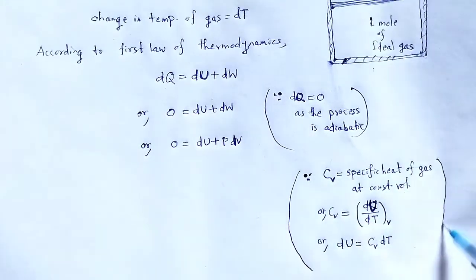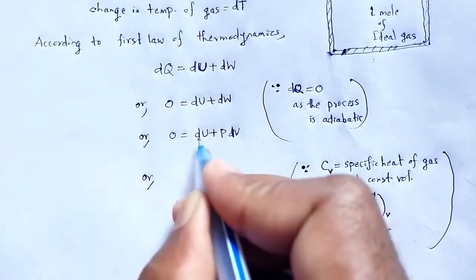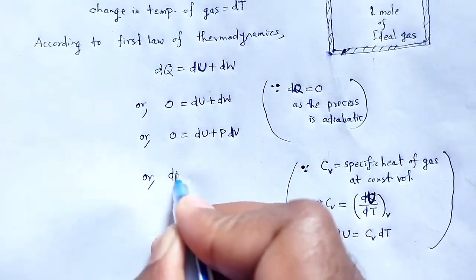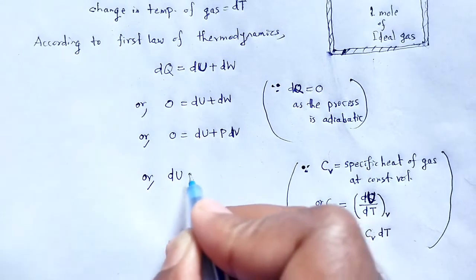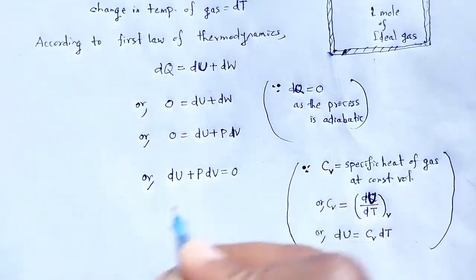So putting this in the equation, we get dU plus PdV is equal to 0.